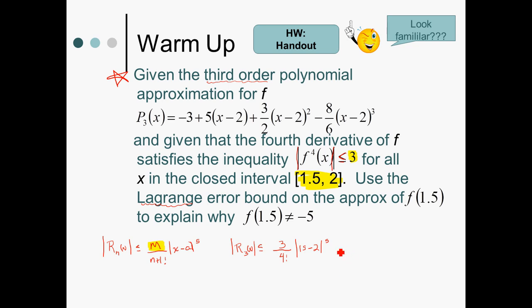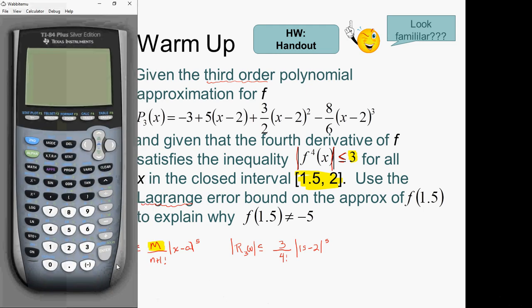So we are going to find out what this number is using our calculator. So our bound is 3 divided by 4 factorial, 4 times 3 times 2 times 1, times, well, we're doing the absolute value, right? So 1.5 minus 2, the absolute value of that is what?